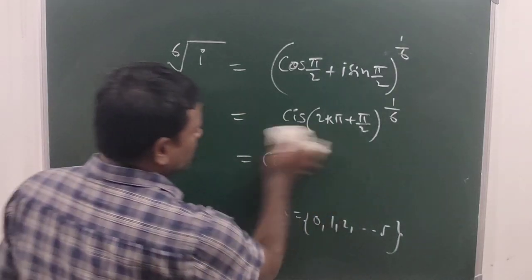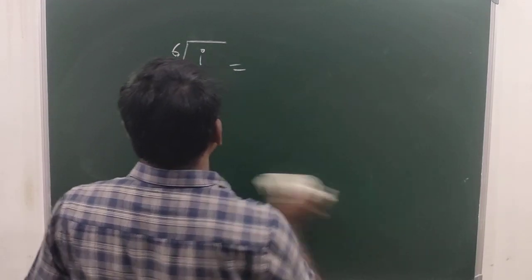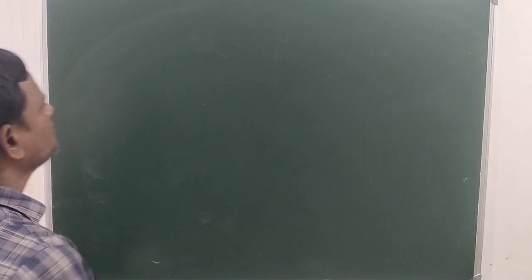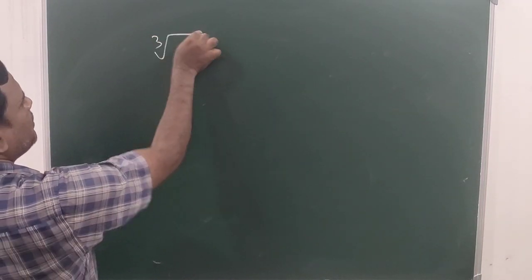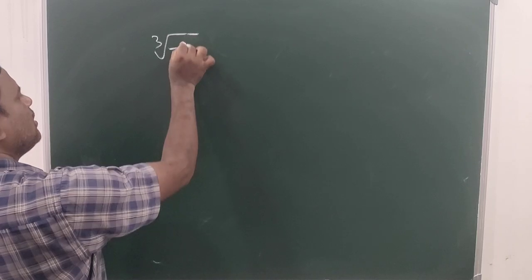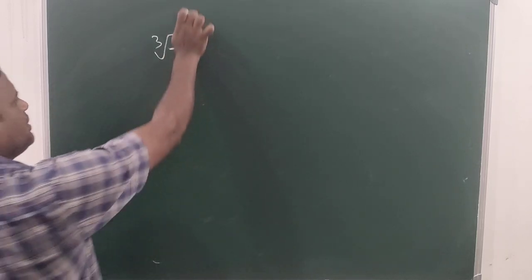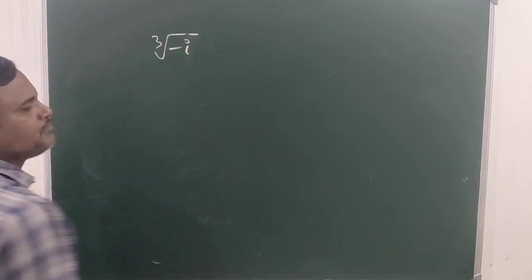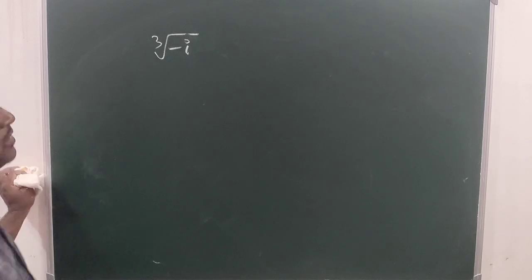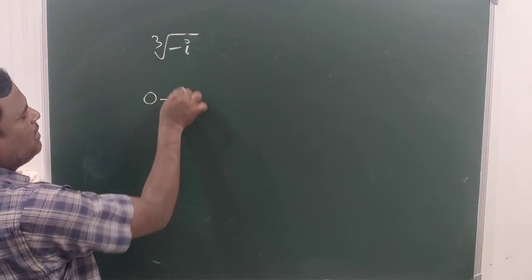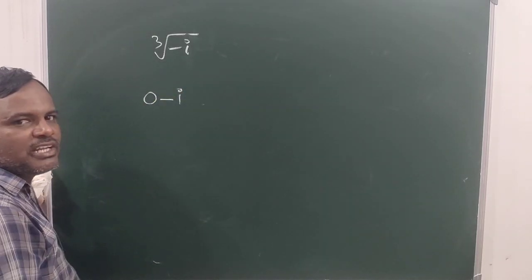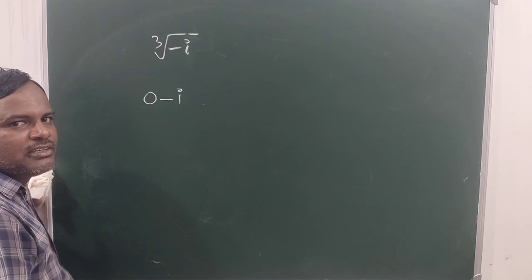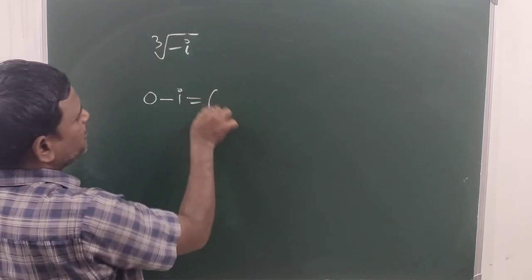Sometimes they may give you like this: cube root of minus 8, or otherwise minus i. In this case also, in the real part you have to take 0. Where does it belong?